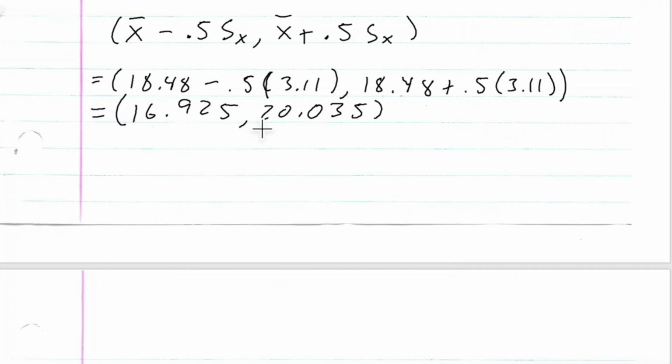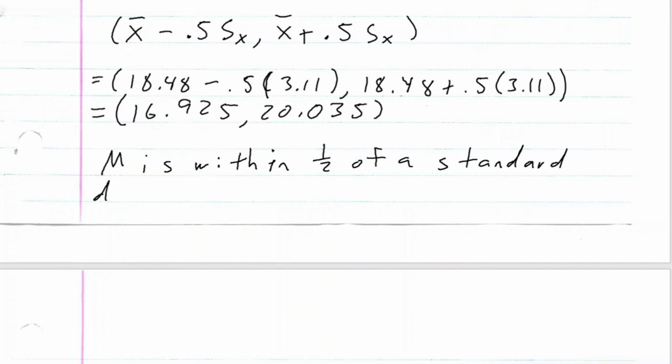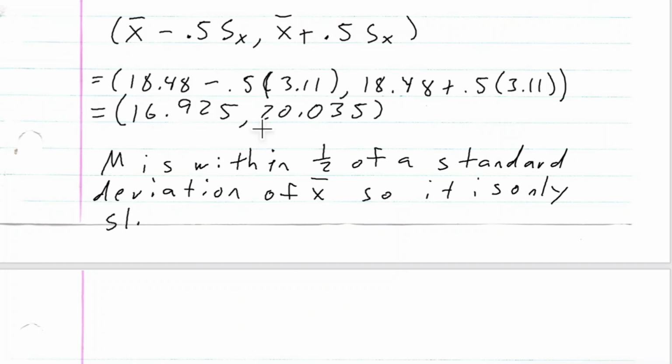We could write something like this: M is within half of a standard deviation of X bar, so it is only slightly left skewed.